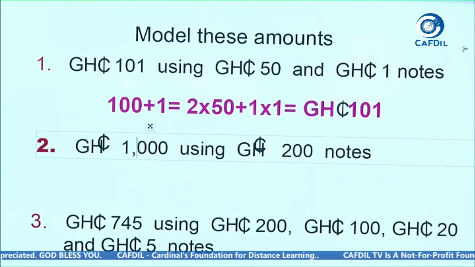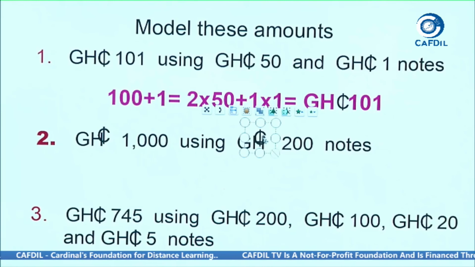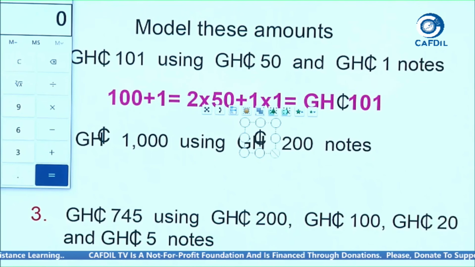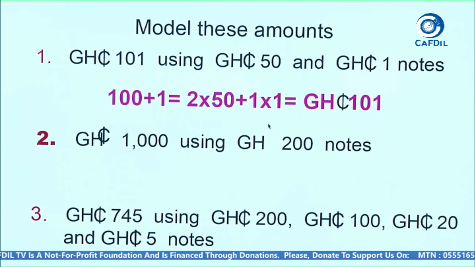The cost of the item was 1,000 Ghana cedis. And Mommy had 200 cedis notes in her purse. How many of the notes do you think Mommy will give to the shopkeeper for the cost of the item?